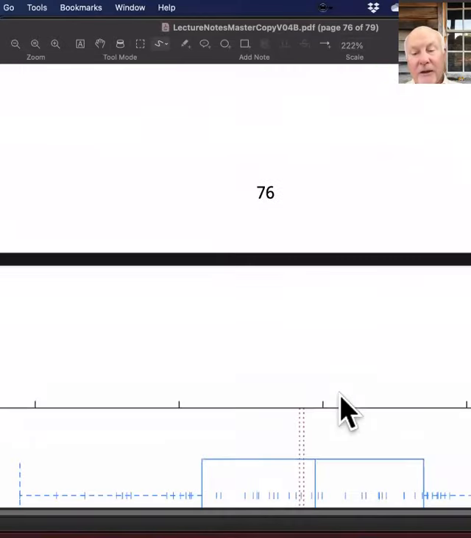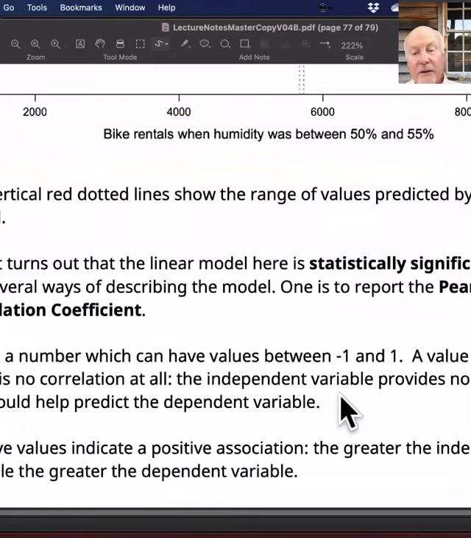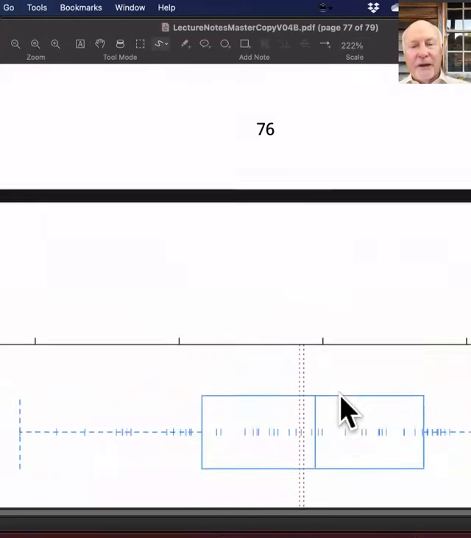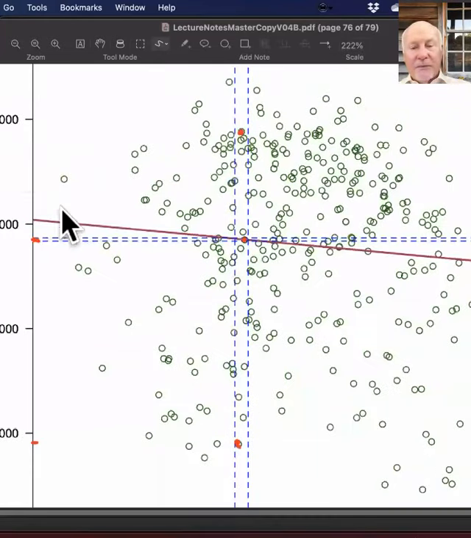Pearson correlation coefficients are always between -1 and 1. Greater than 0 means there's a positive relationship, and less than 0 means there's a negative relationship. So in our case here, we've got a small negative relationship.